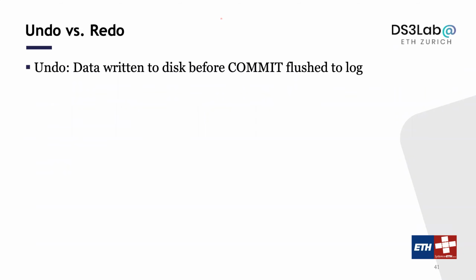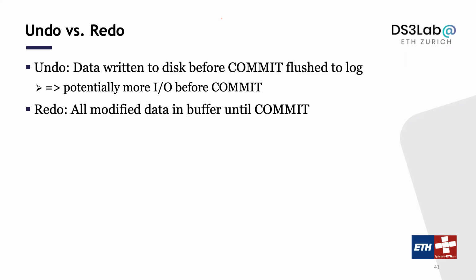If you put this side by side, let's compare undo and redo. The high-level idea of undo logging is that your data is written to disk before the commit record is flushed to the log. Potentially you need more I/O before commit, because I need to flush the log and also the actual changes.